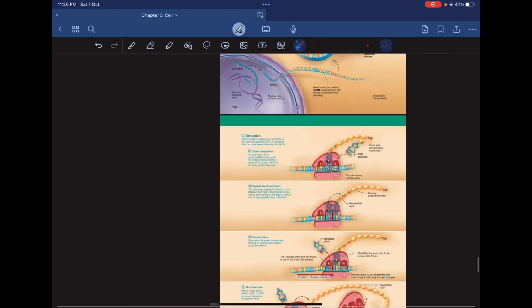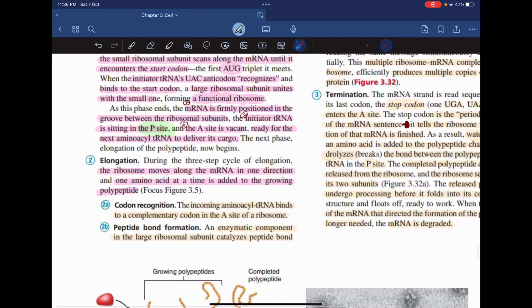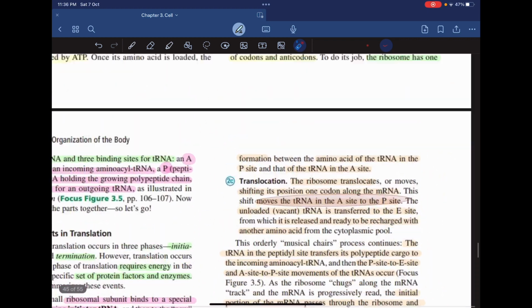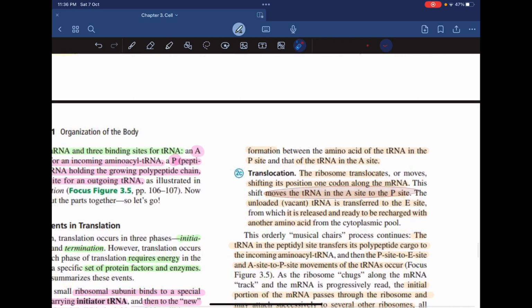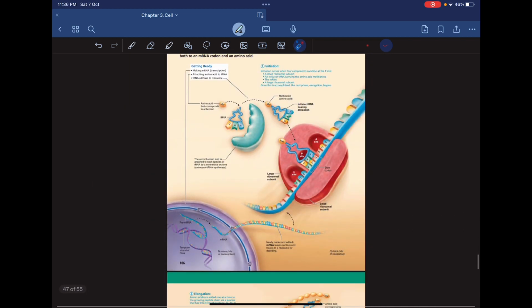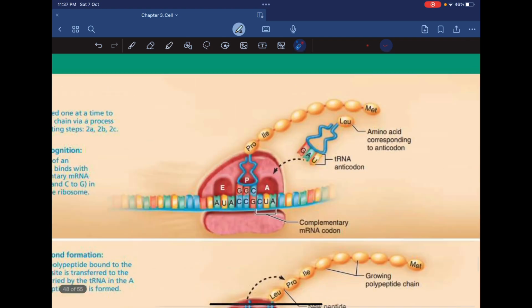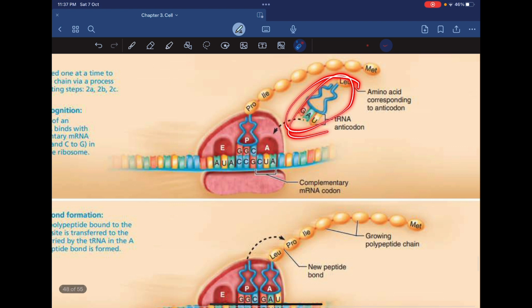Okay, so here they are saying that it binds to the complementary codon in the A site, and for peptide bond formation, an enzymatic component in the large ribosomal subunit catalyzes peptide bond formation between the amino acid of the tRNA in the P site and that of the A site here.